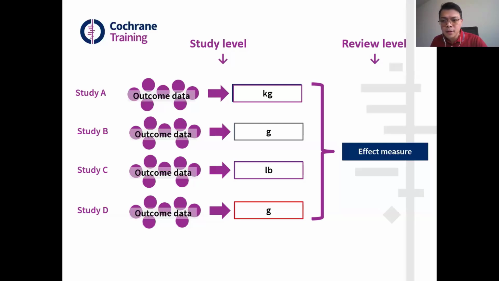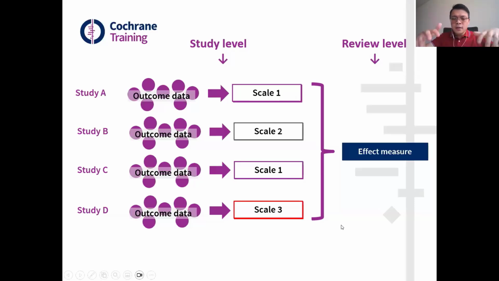of measurement similar. The second scenario is when the studies use different scales to measure the outcome. For example, here, study A and study C used scale 1, study B used scale 2, study D used scale 3. To put this in context, we have many pain scales.